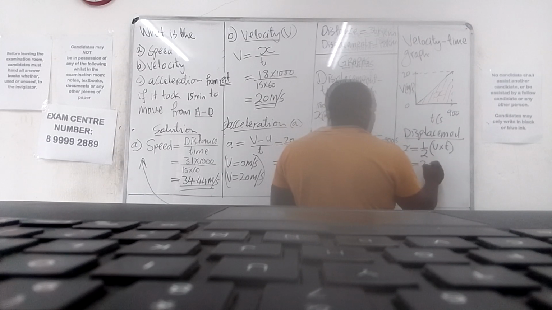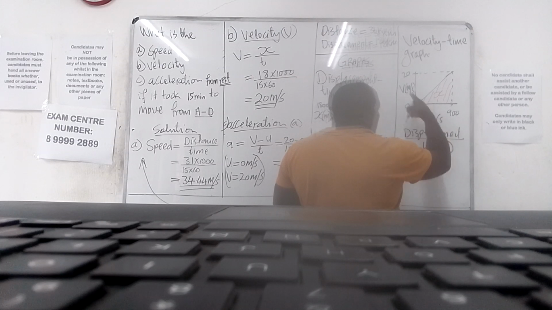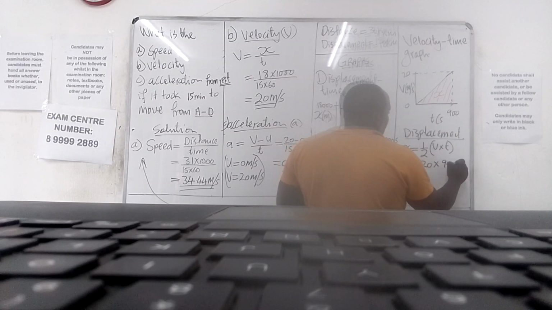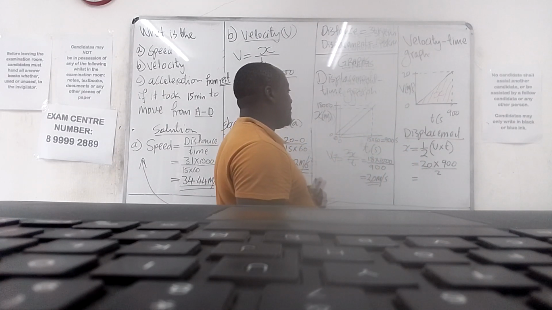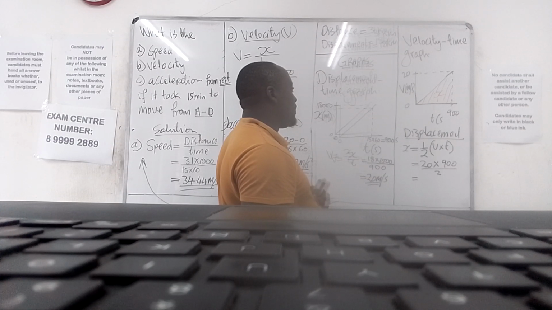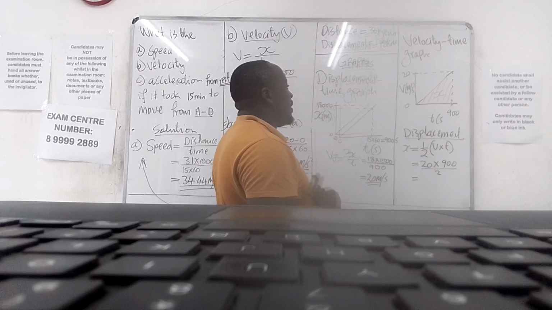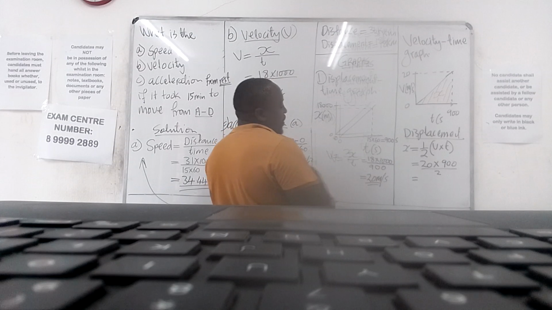So we say 20 times 900 divided by 2. What's the answer? 9,000. Now, I have done this deliberately.